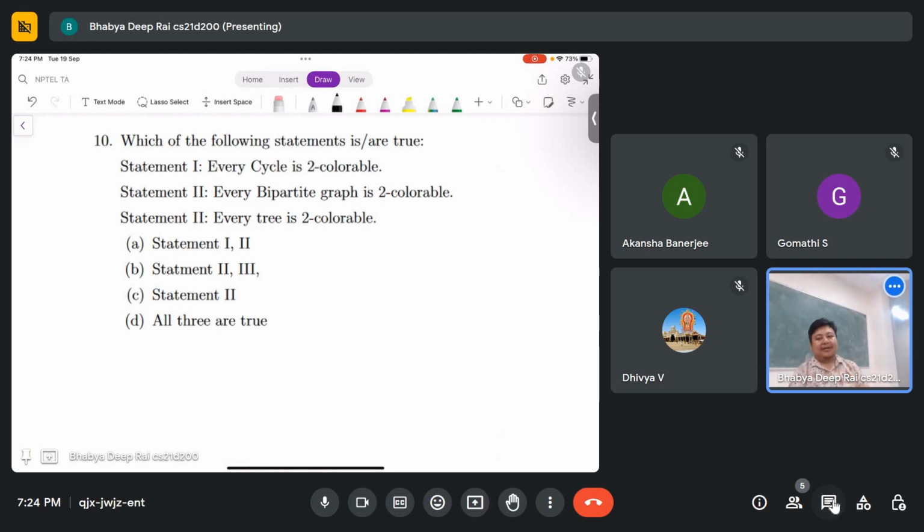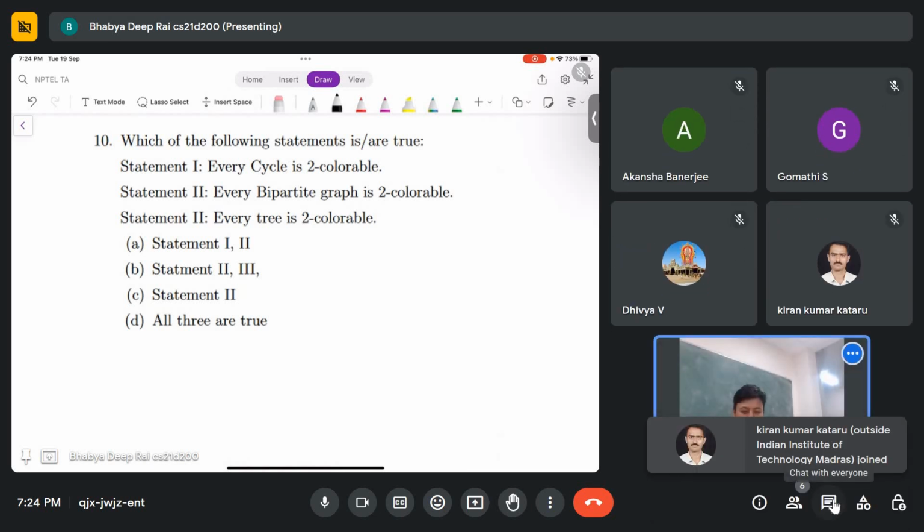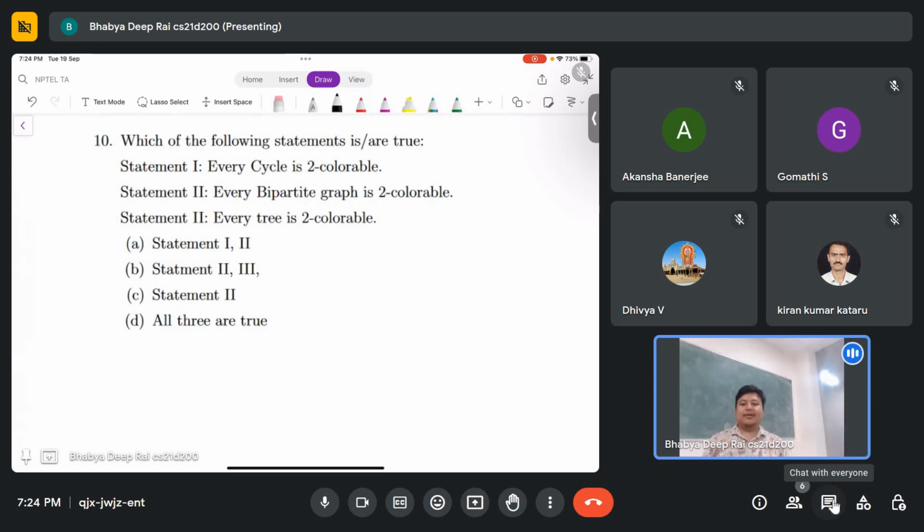Or rather, 2 colorable means that I can color it with 2 colors. Sorry. So, every cycle is 2 colorable. Can I color every cycle with 2 colors?